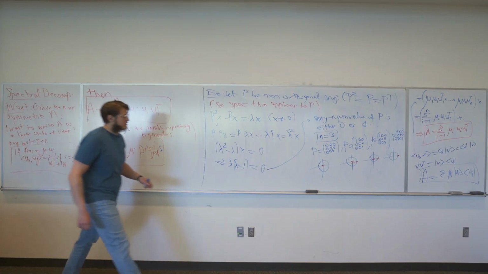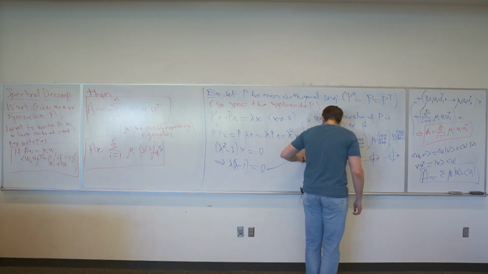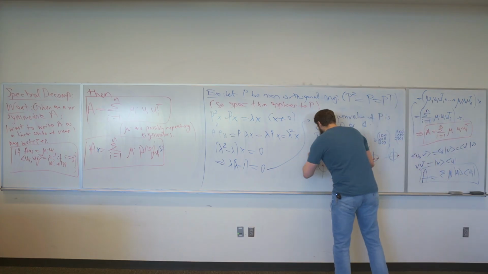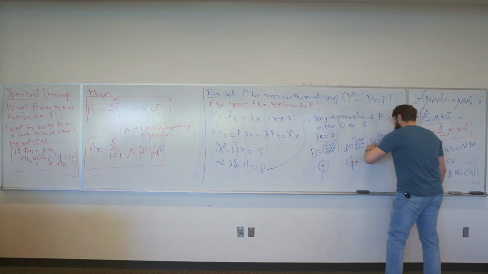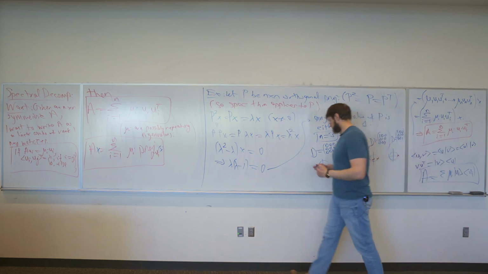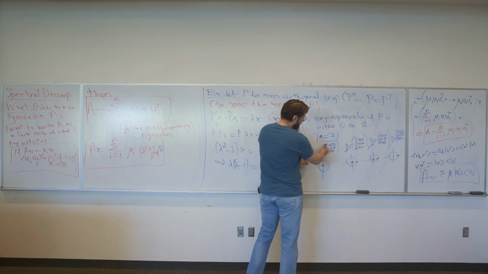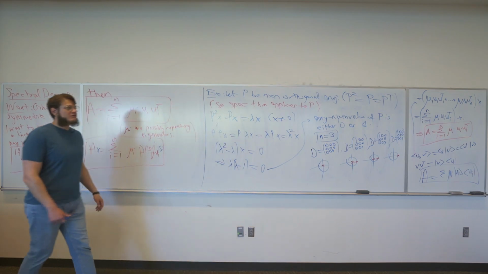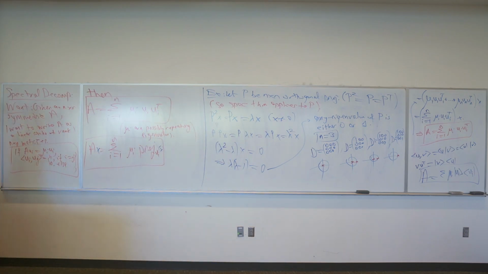Maybe I should write Q here instead of P. Or D, should write D. D for diagonal. Okay? And you see, some of the eigenvalues could be 0. That's fine. Symmetric doesn't say much about 0 or non-zero eigenvalues.